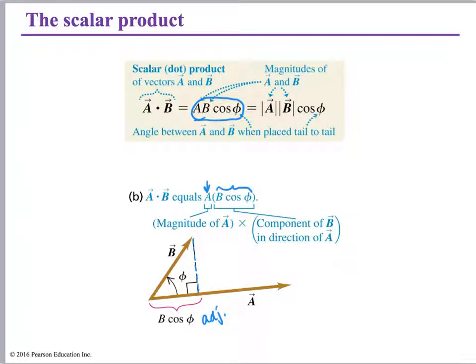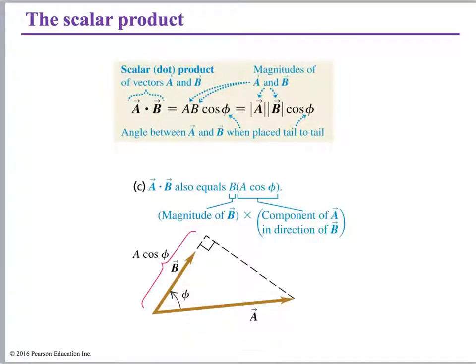So we can also switch it around and think of it as A cosine theta, which would be the projection of A onto B times the magnitude of B. Doesn't matter which way we do it, it's the same thing. And while we're at it, we are going to mention that the dot product is commutative, which means that if we switch the order of the two vectors, we're going to get the same answer. Nothing's going to change.